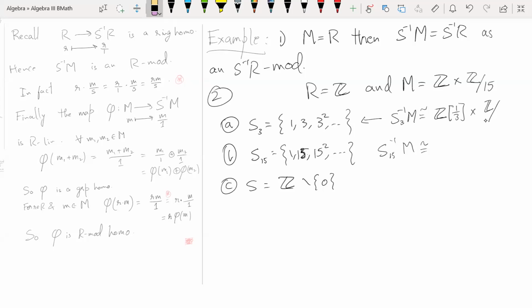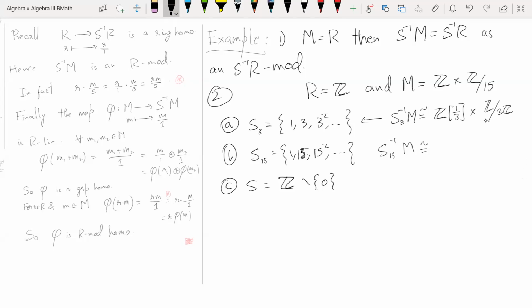So what happens to 3? 5 times 3 is 0, but 3 is a unit, so 5 must become 0. So this should be Z mod 3Z.